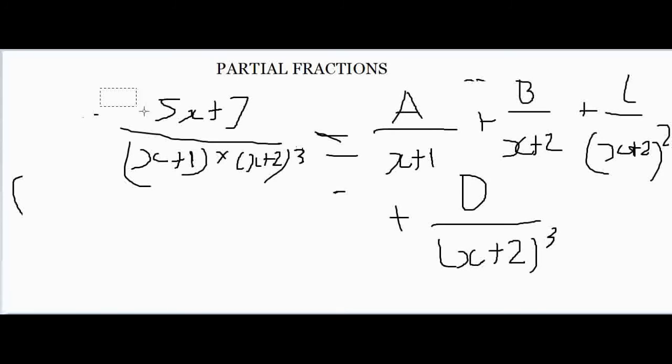Now let's look at what it will look like when there's an unrepeated quadratic factor. So let's say we have an unrepeated quadratic factor such as 4 over x plus 1 into 2x squared plus 1.